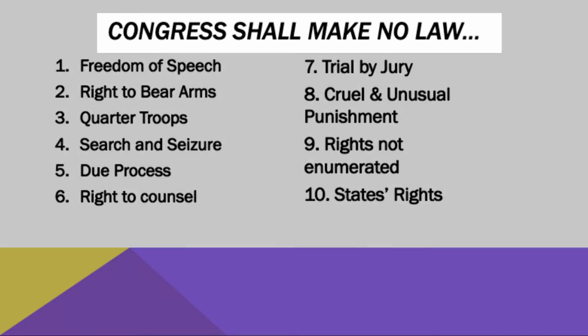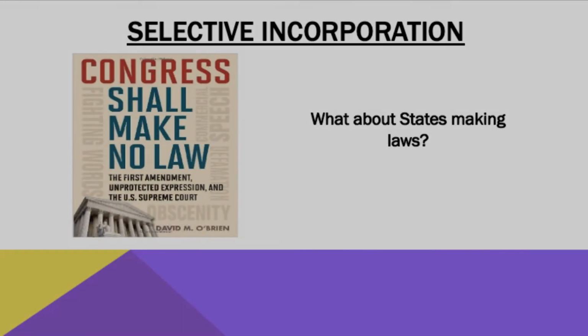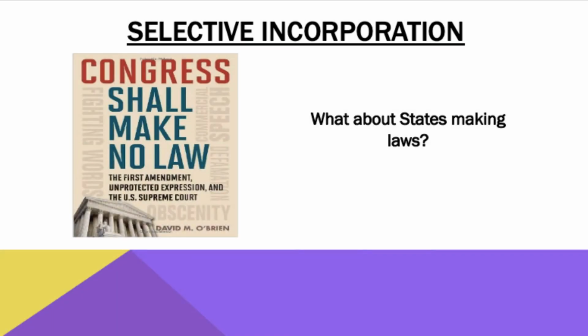Congress shall make no law infringing on your right to free speech, your right to bear arms, etc., etc. But it said nothing about what the state governments should do or not do. By the language of the Bill of Rights, Congress can't make any laws to abridge your rights here, but it doesn't say anything about the states doing it. And that's exactly what we're talking about today.